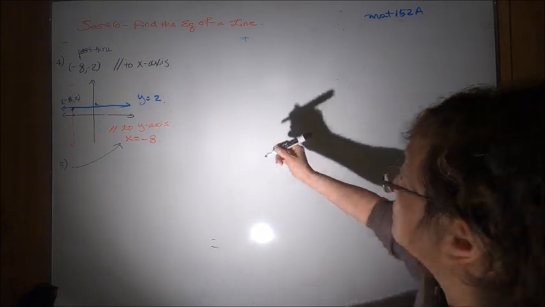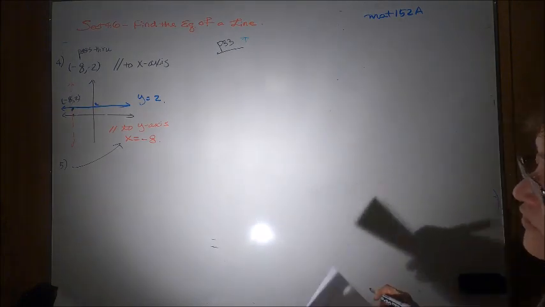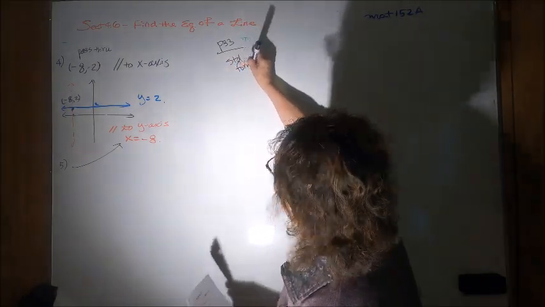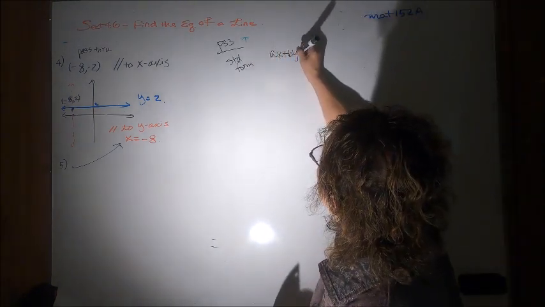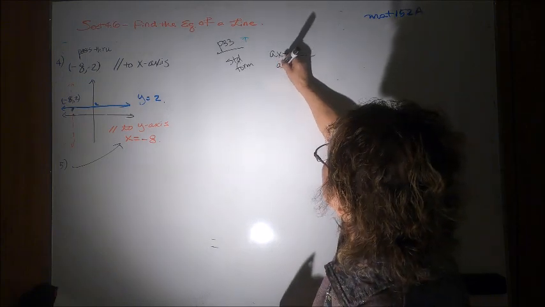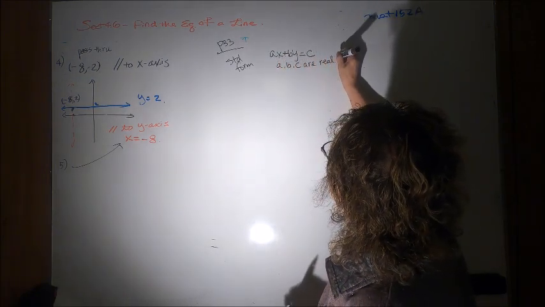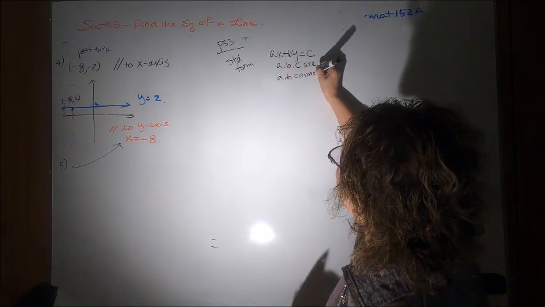Okay, look at your page 33. Let's review. What is standard form? That would be Ax + By = C, right? Then we say A, B, C are real numbers, and A, B cannot both be 0.